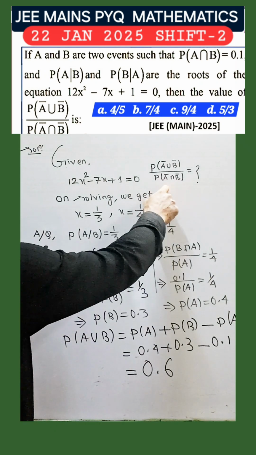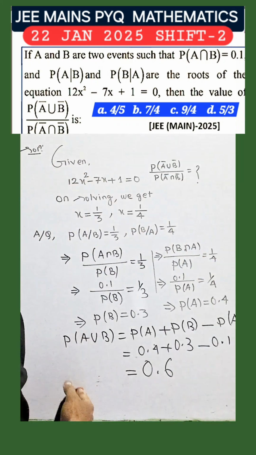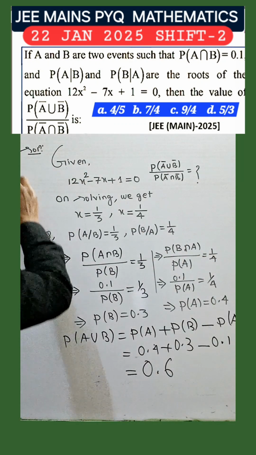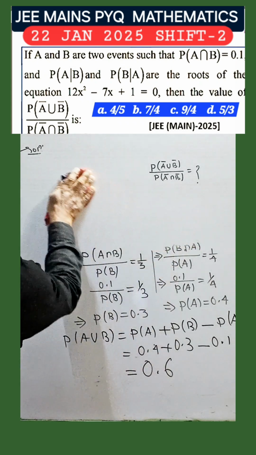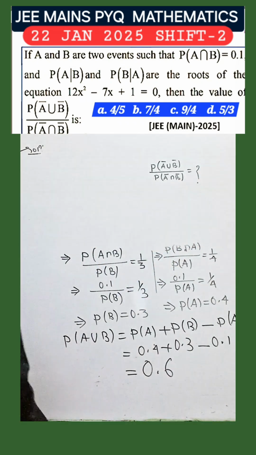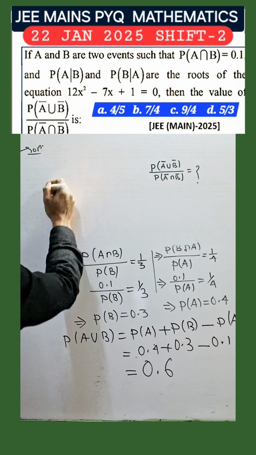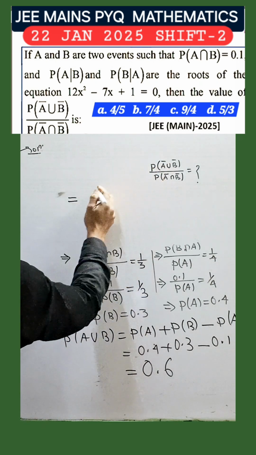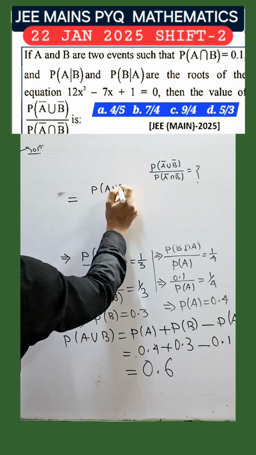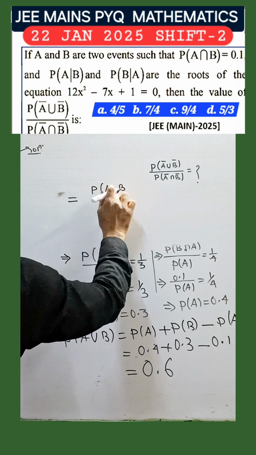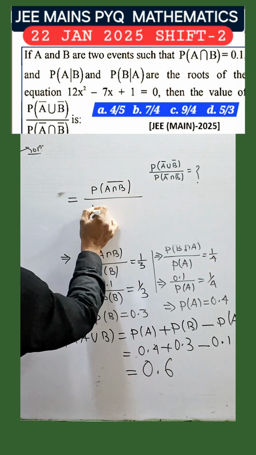Now, let us find out the value of this. Here you have to use De Morgan's rule. Now you see how the value can be calculated. From here, the numerator is the probability of A complement union B complement; if you write it as the complement of the intersection, it is just De Morgan's law you have used.